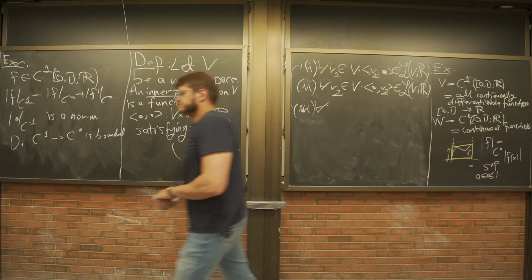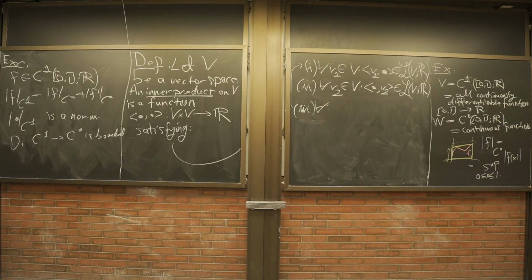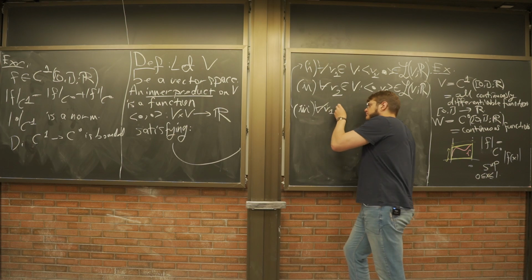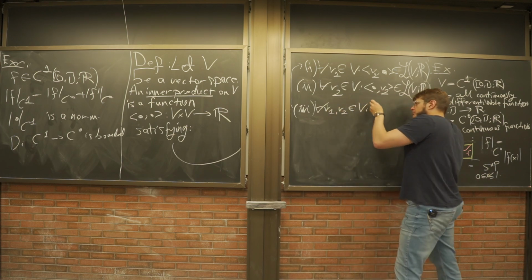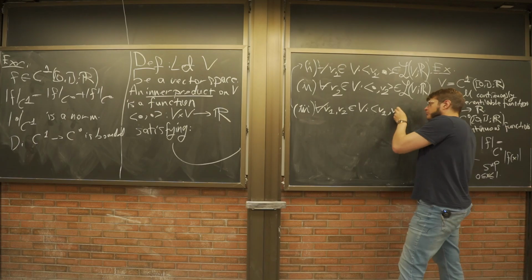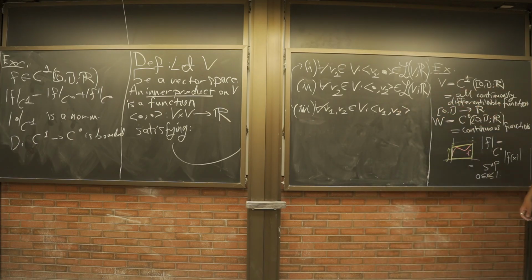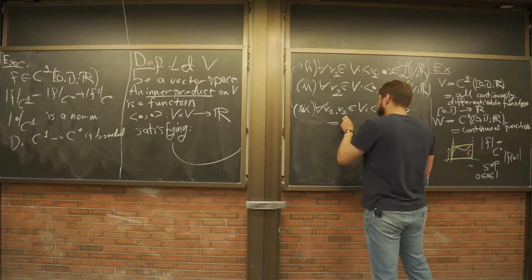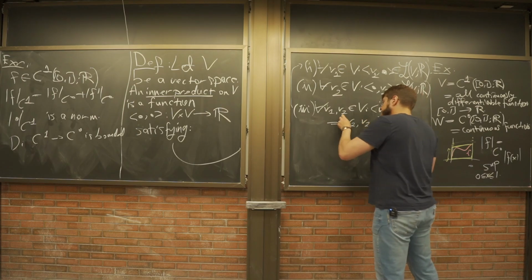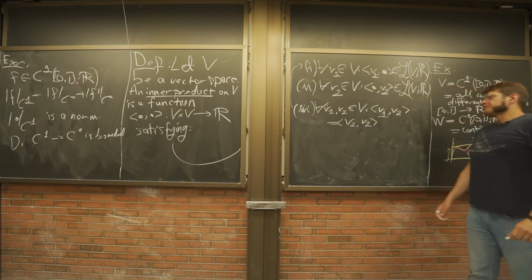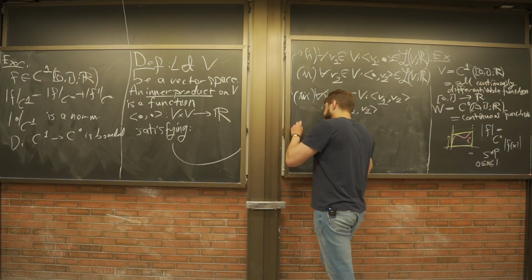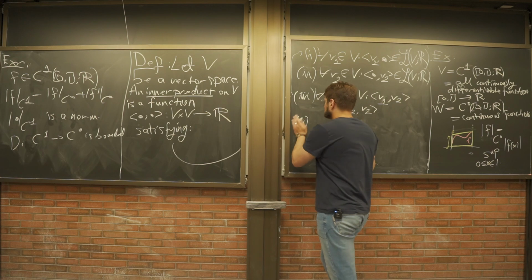So if I were to take v1 and v2, I want the inner product of v1 and v2 to be the same thing as the inner product of v2 and v1. Then there's one more. That's 4.